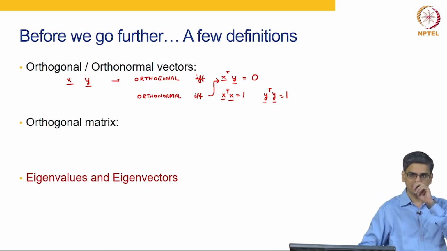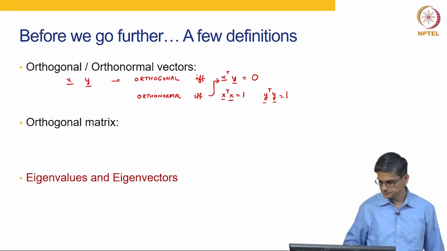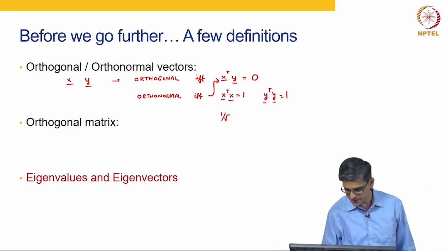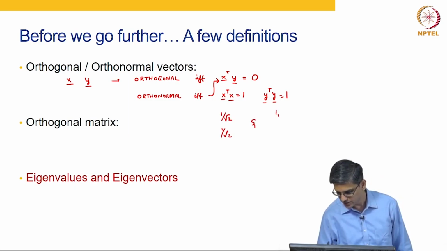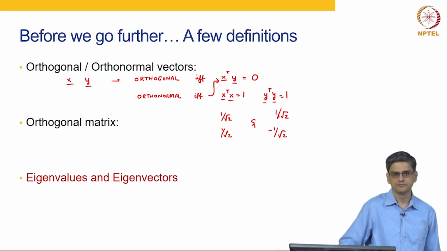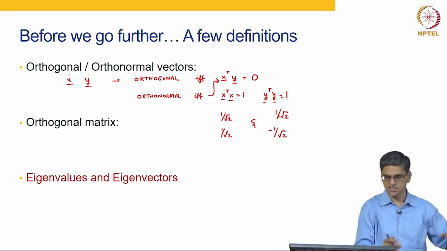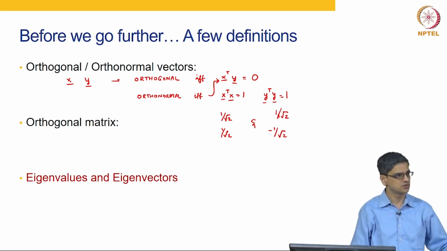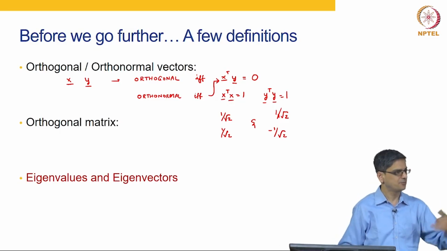So, 1 1 and 1 minus 1 are orthogonal, but 1 by root 2, 1 by root 2 and 1 by root 2, minus 1 by root 2 are orthonormal. Why? Because for 1 by root 2, 1 by root 2, if you do x transpose x, it is half plus half equal to 1, and if you do x transpose y, it is half minus half equal to 0.